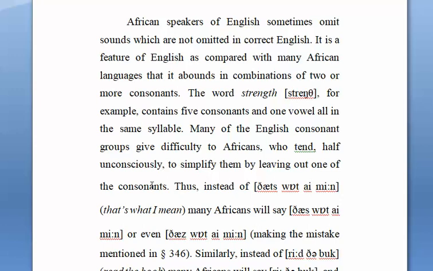The word "strength", with the velar nasal, for example, contains five consonants and one vowel, all in one syllable. Many of the English consonant groups are difficult for Africans, who tend unconsciously to simplify them by leaving out one of the consonants.